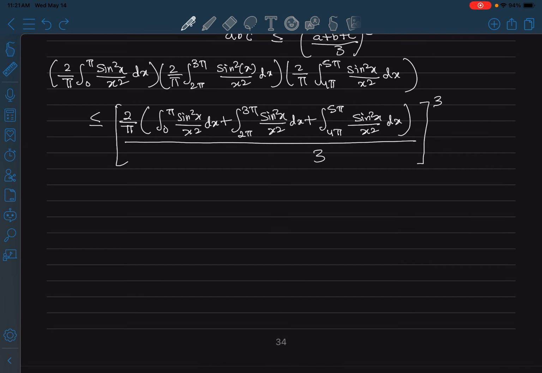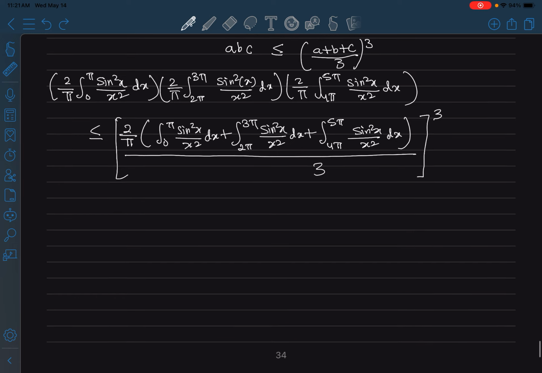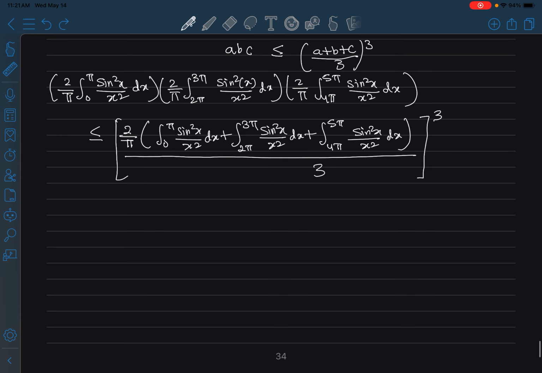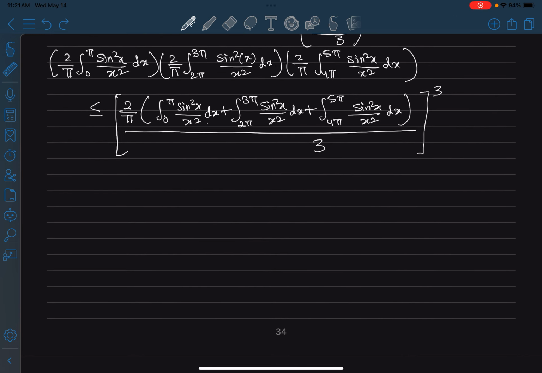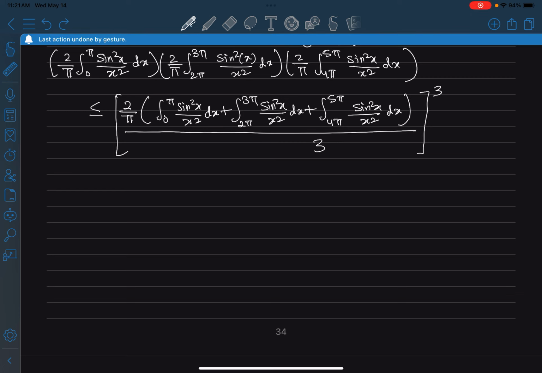And also because there's a strict inequality, maybe what you might want to do is, we know that if there were also, let's say, integrals from pi to 2 pi and from 3 pi to 4 pi, we could have added all these integrals, right? Since there are no such terms, and we know that the integral from pi to 2 pi of this quantity is positive, because the integrand is positive.